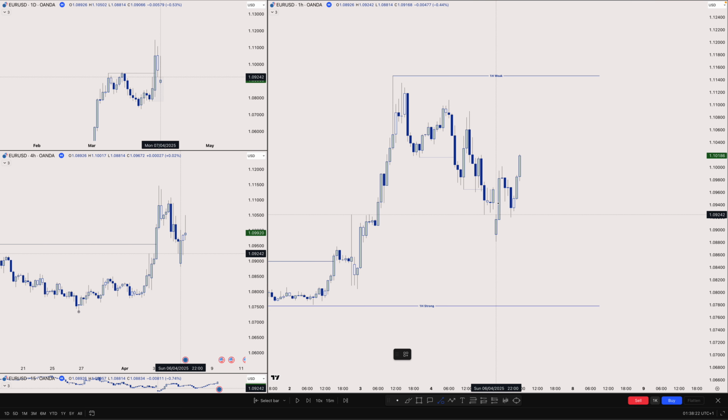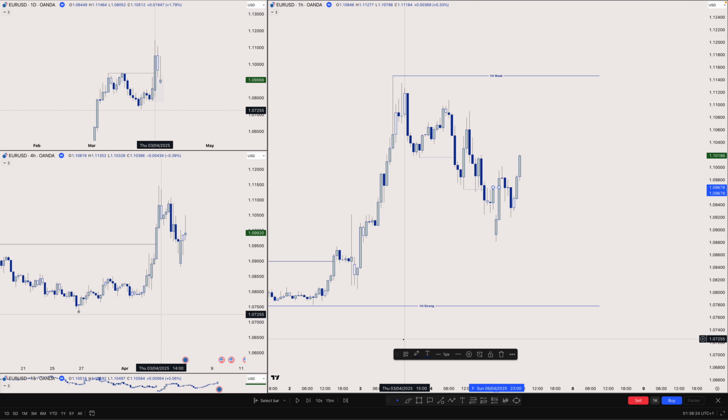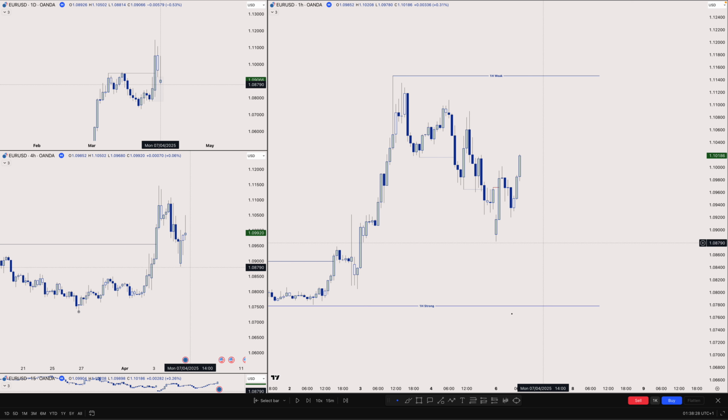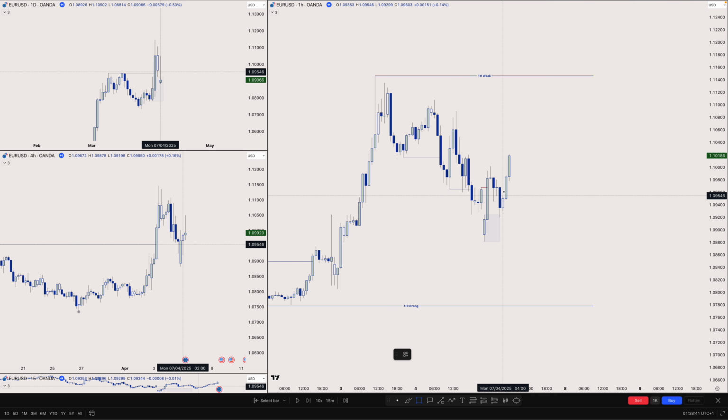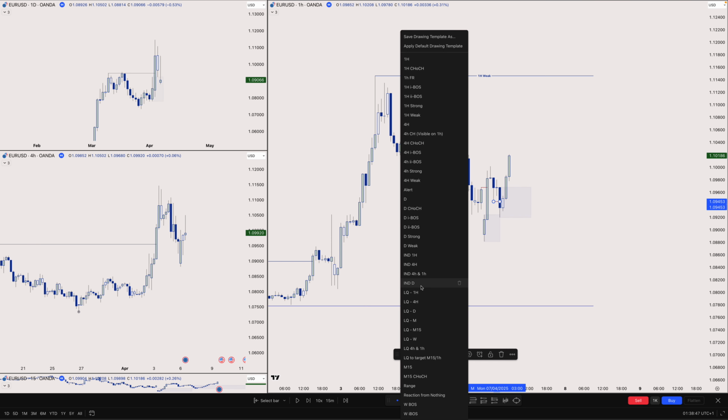After that, we got the 1 hour change of character here. So this is the 1 hour change of character, and that's the demand it's respecting from the 1 hour, right? And now we have another demand, this one, which was formed through a sweep of liquidity, which is really nice.